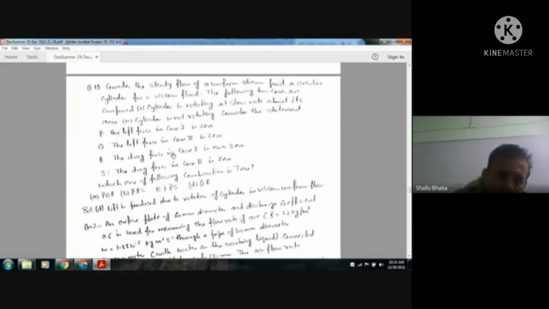That is statement Q. And R: drag force in case one is non-zero, because drag force always acts when the fluid passes through. So the answer is Q and R.